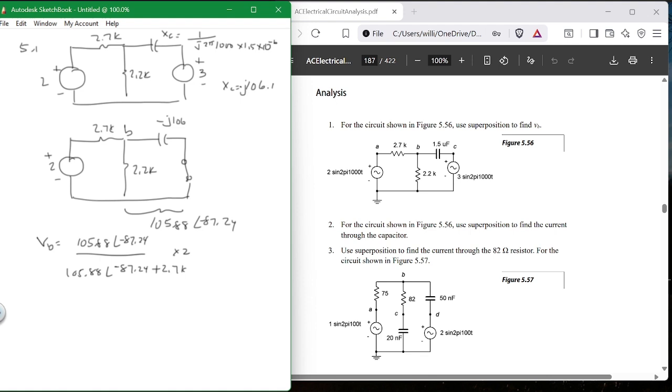105.88 at angle minus 87.24 times 2 divided by parenthesis 105.88 at angle minus 87.24 plus 2700, parenthesis, equals. What does it equal? 0.081 at angle minus 87.22.